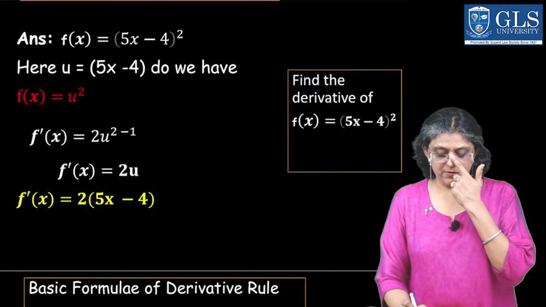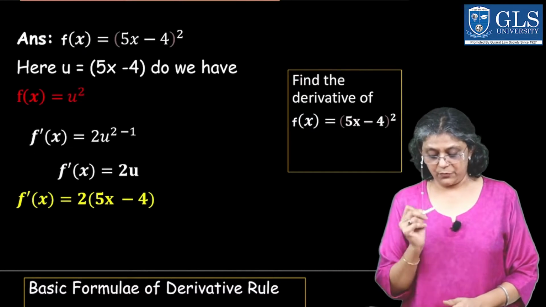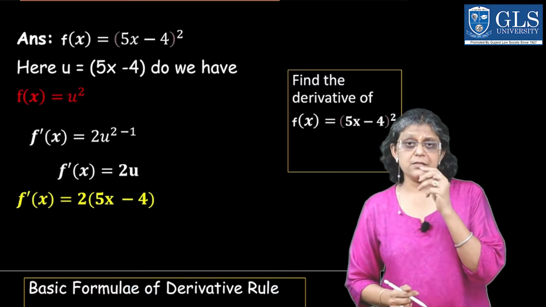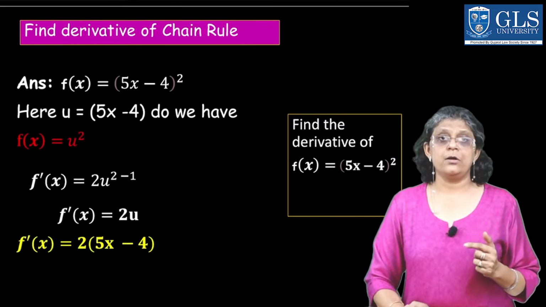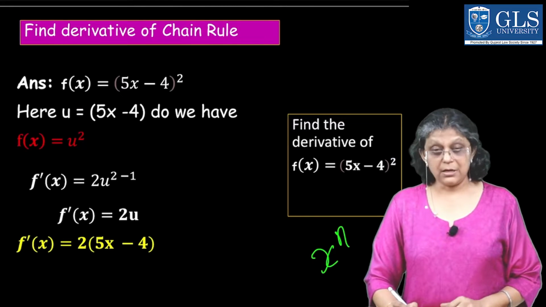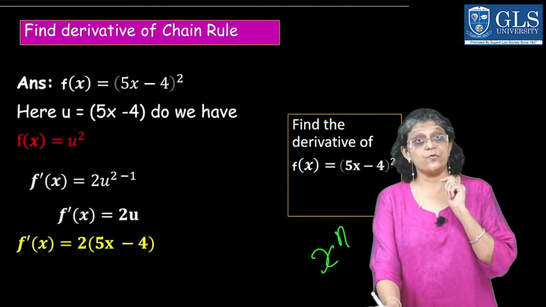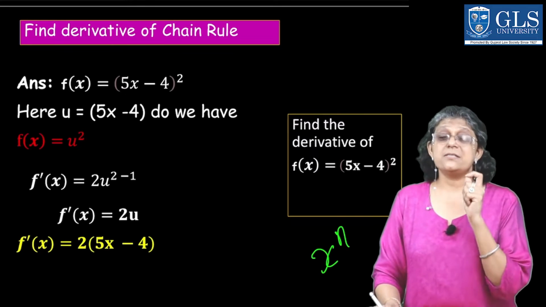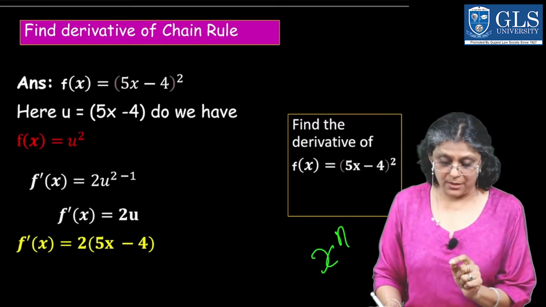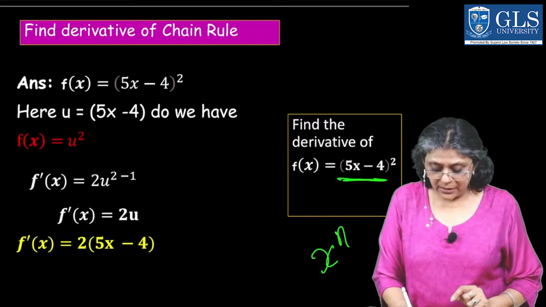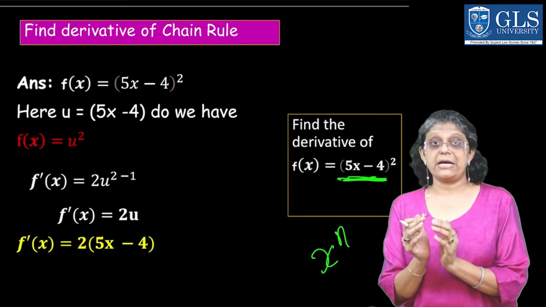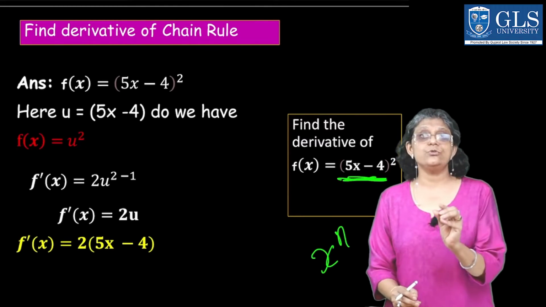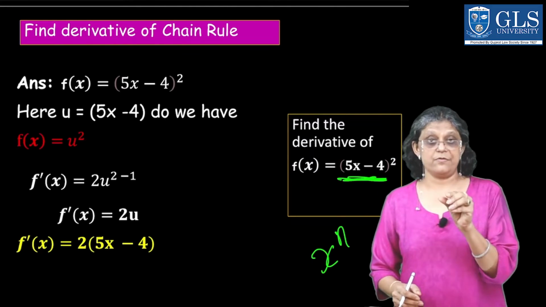Here, find the derivative of (5x minus 4)². Now ask a question: this formula is what we had done based on x raised to n. I think you have to understand very clearly that it is similar to x raised to n. But here x is alone not there; something is multiplied and something is subtracted, so we have two terms in the given form.